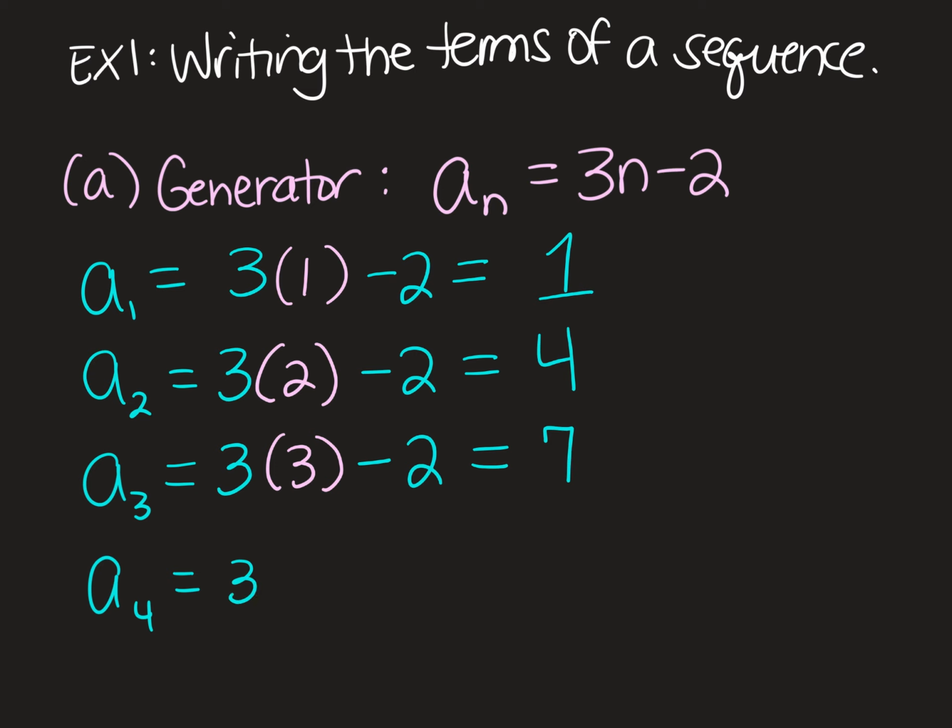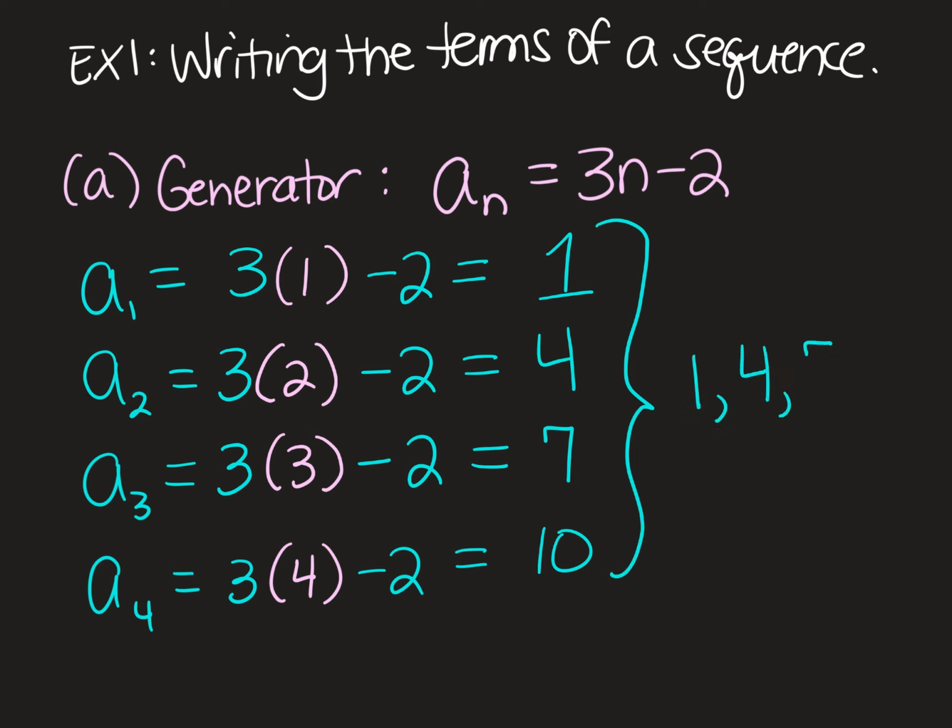And then finally we'll do the fourth term, 3 times 4 minus 2. So 3 times 4 minus 2 is 10. So our first 4 terms of our sequence, if we were going to write this as a sequence, I would take those outputs and write them like this: 1, 4, 7, and 10.